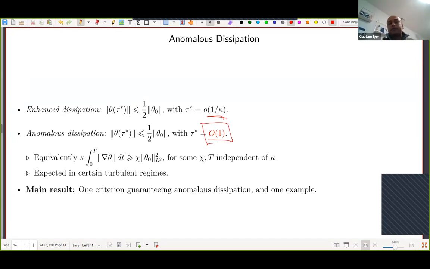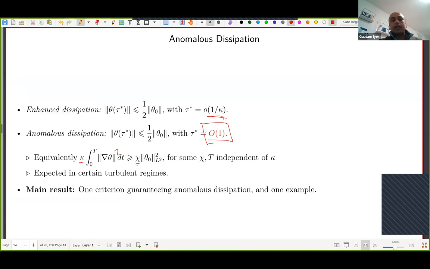Or equivalently, if I look at it through the energy inequality, let's look at kappa times the integral from 0 to T of the norm of gradient theta squared. This thing should be bounded below by a constant chi, independent of kappa, times the initial energy.